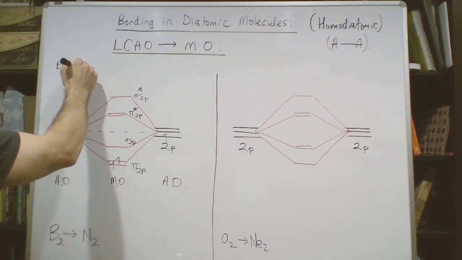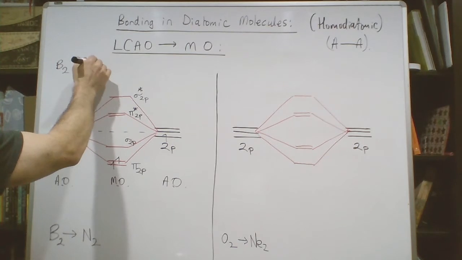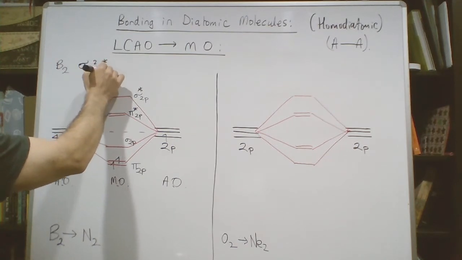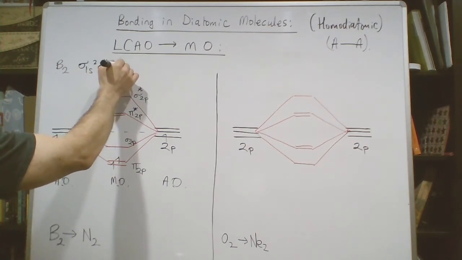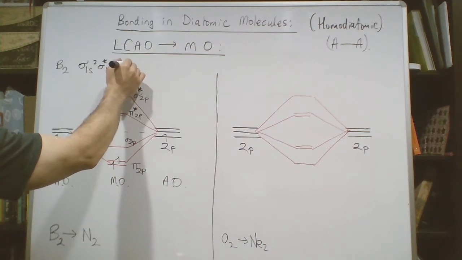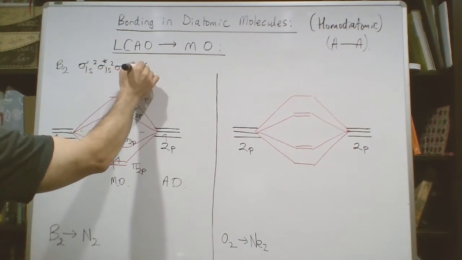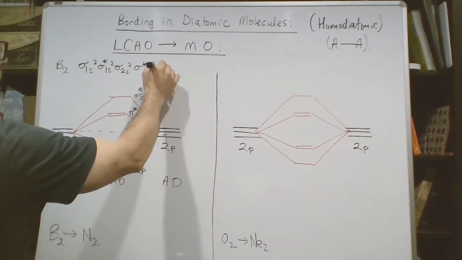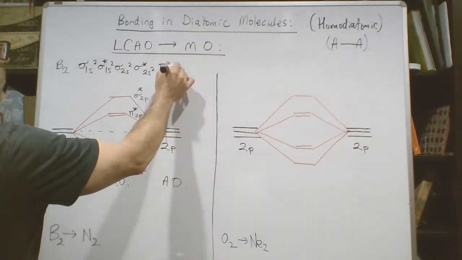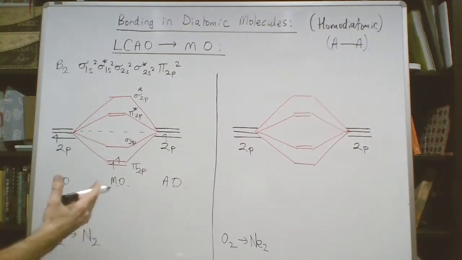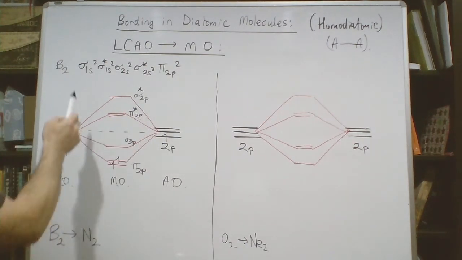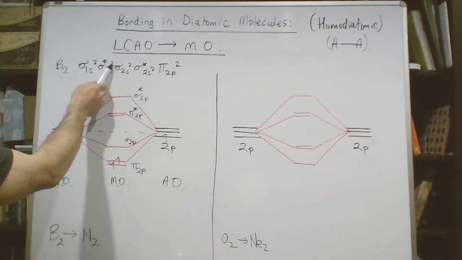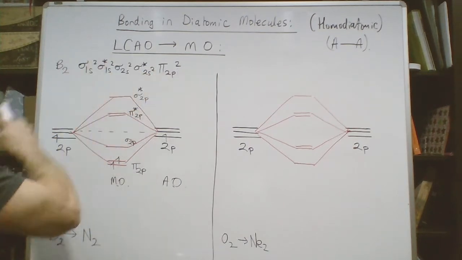So we would have the sigma 1s2, sigma star 1s2, sigma 2s2, sigma star 2s2, and now we've got pi 2p2. So 4 electrons from each boron, 8 electrons total, 2, 4, 6, 8.